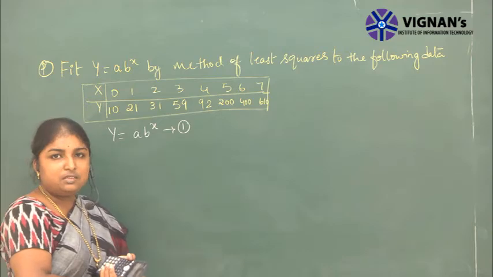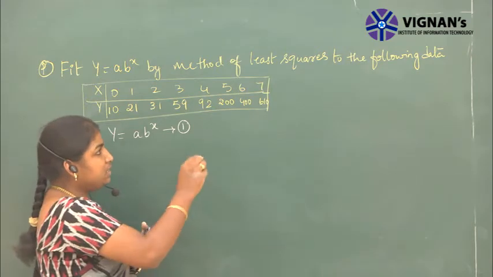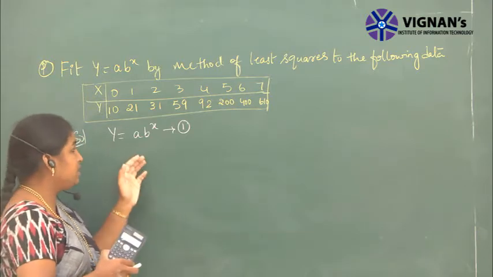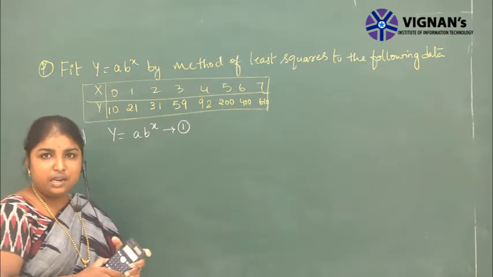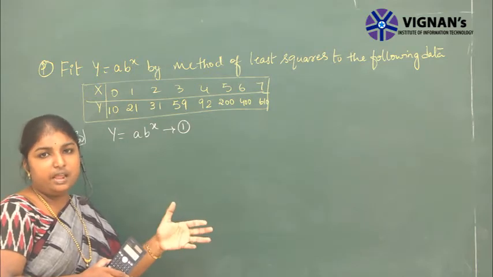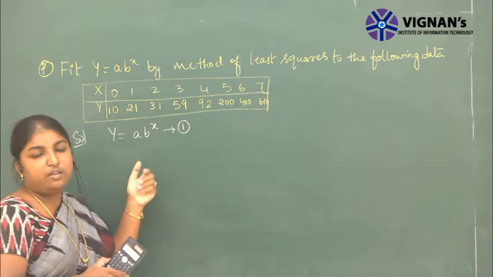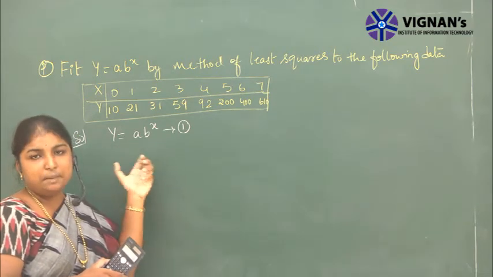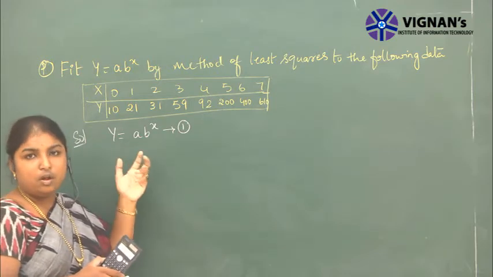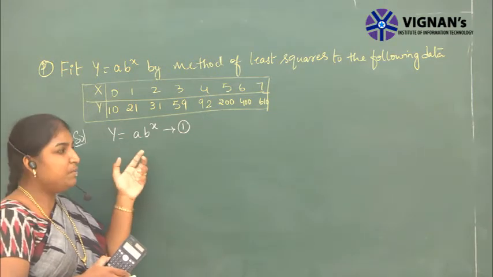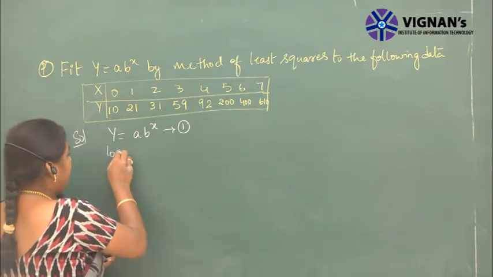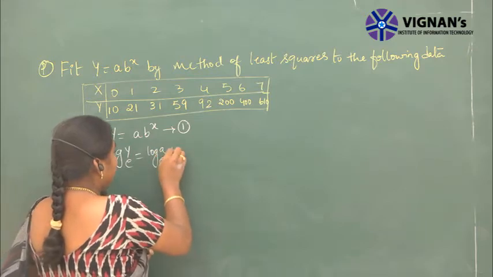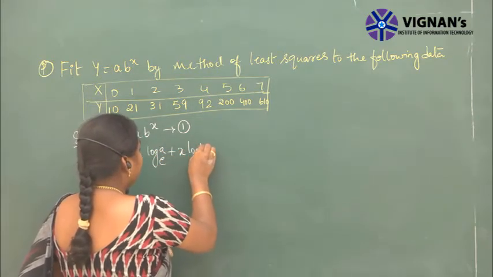So for solving this equation, here we are using the least squares method. Before going to the least squares, first of all this equation we are changing into a straight line equation. For that, we are taking log base e on both sides of equation 1. Already this derivation we did previously. So taking log base e, we get log y base e equal to log a base e plus x into log b base e.